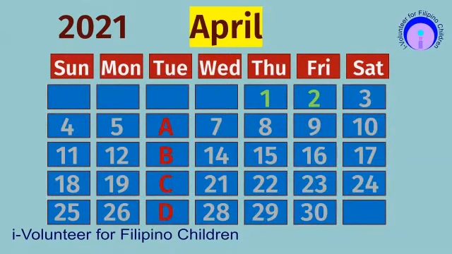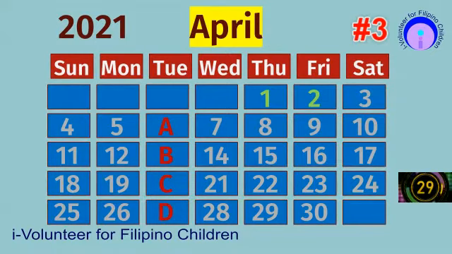Now, we are on the 4th month of 2021, which is April. As usual, we are looking for the specific dates for A, B, C, and D. I'm pretty sure you were able to figure it out already. What is the date before letter A?